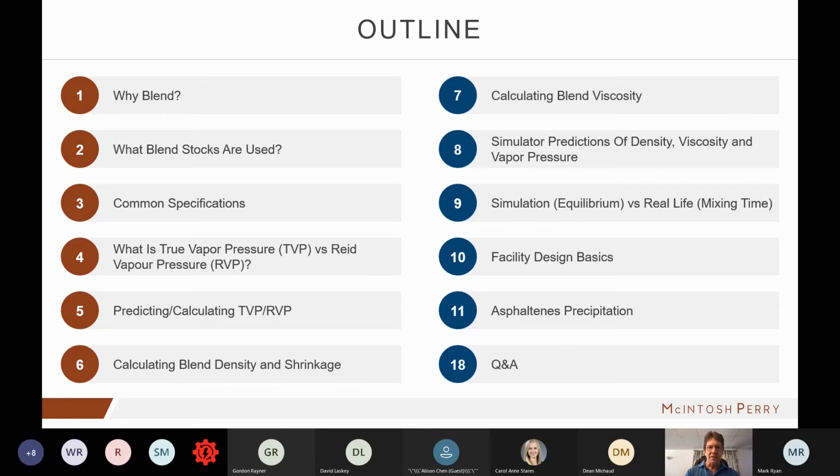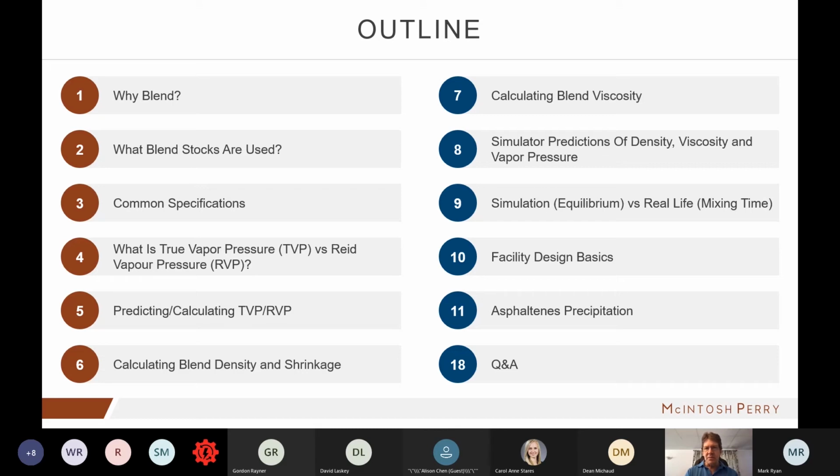Okay, so here's an outline of what we're going to be going through. You can see here all the topics we're going to try and cover in the next about 45 minutes or so. Why blend, blend stocks that are used, common specifications. We talk a little bit about vapor pressures, and then we talk about density, viscosity.